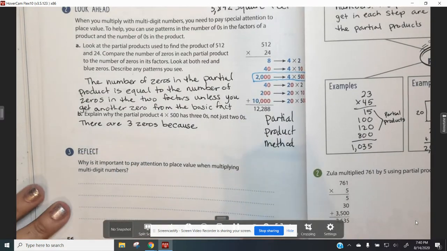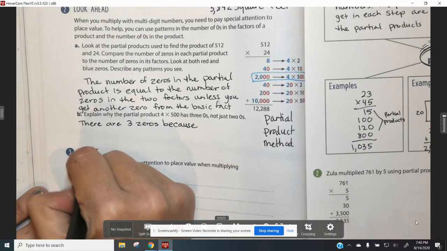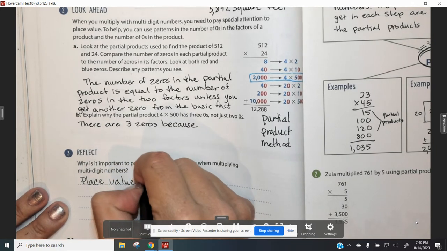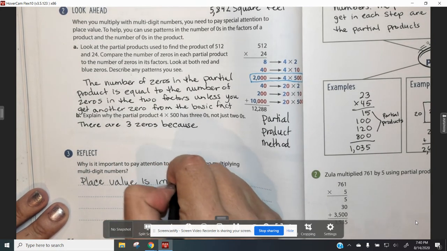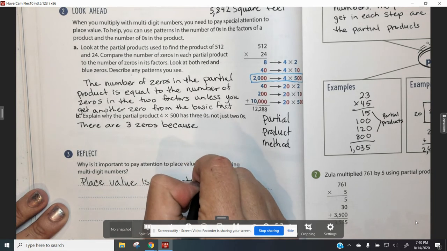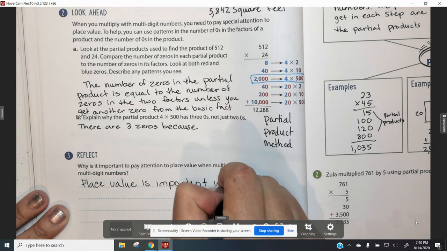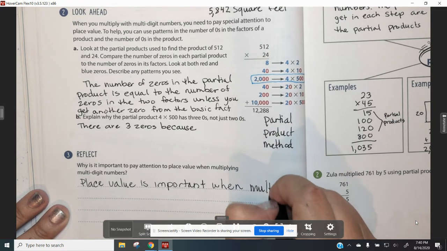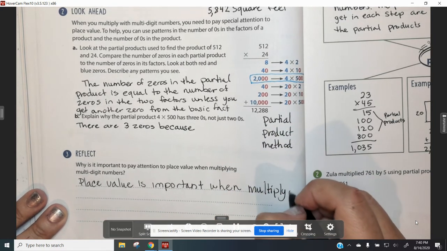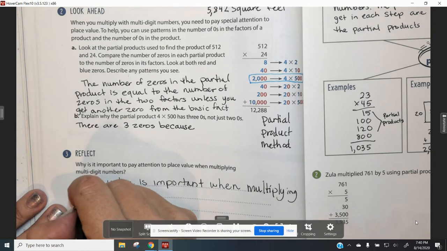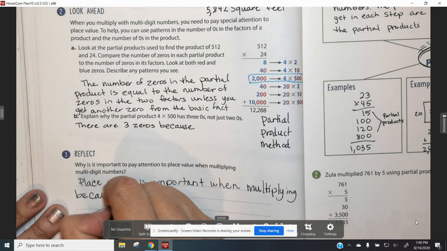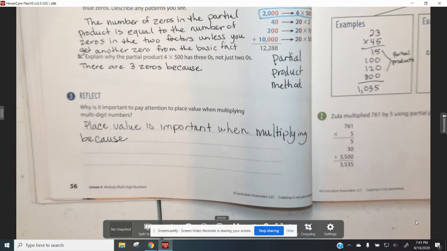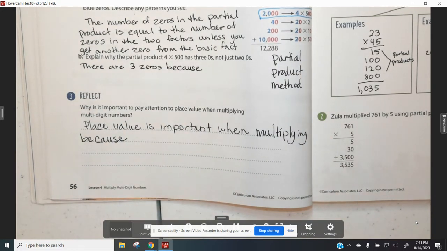So tell me, place value is important when multiplying because, and then I want you to give me a reason that place value is important when you're multiplying.